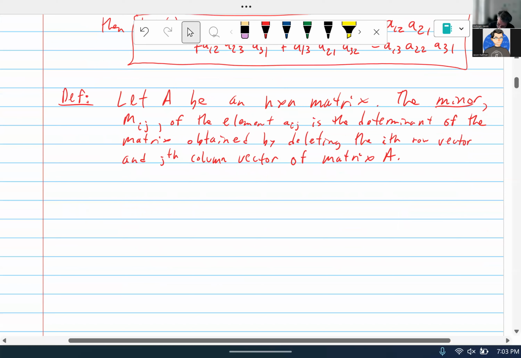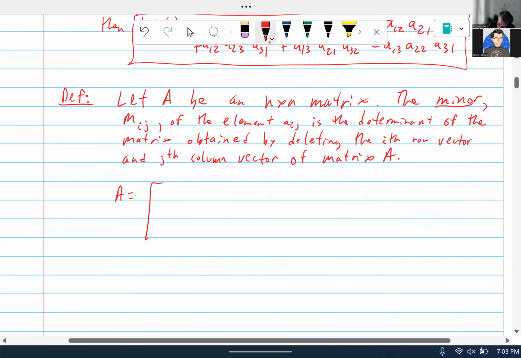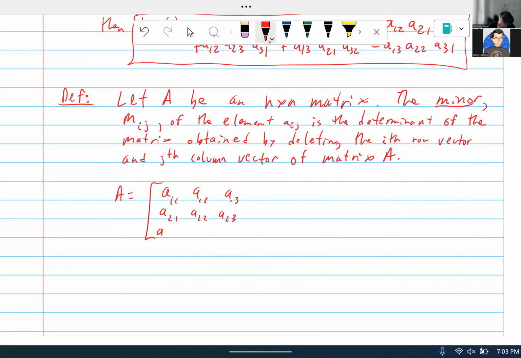Okay, for example, if I have matrix A here, with A11, A12, A13, A21, A22, A23, A31, A32, A33, and I want to get the minor of 1, 1, M11, I would cross off the row and column that 1, 1 is in, and look for the determinant of what's left over, which is A22, A23, A32, and A33.